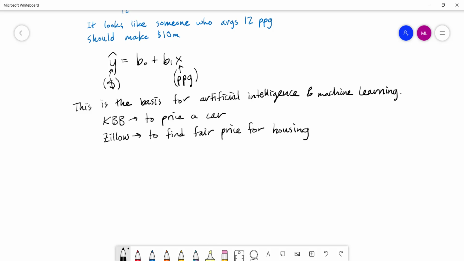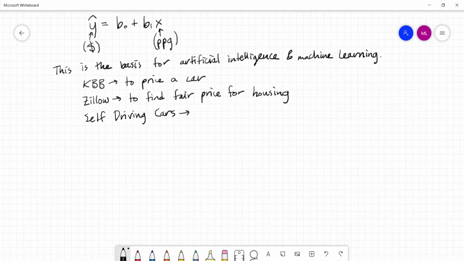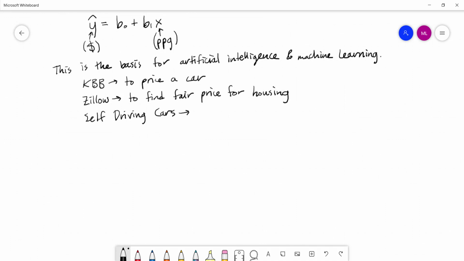Honestly, this is used in self-driving cars. If you've ever had to use the CAPTCHA system where it shows an image of something outside, something on a road, and it blocks it up into a grid and says, click on all the squares that have a car in them, or click on all the squares that have a stop sign in them, or something like that.